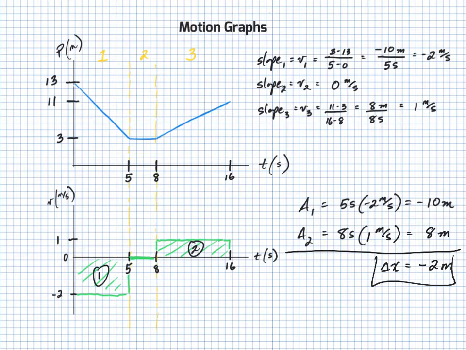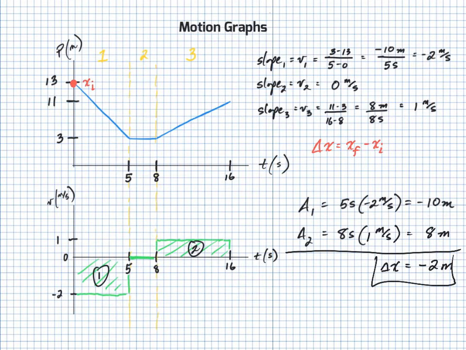Now we can check to see if this answer is actually correct by taking a look at our position versus time graph. Now remember, to find displacement, we always take our position final minus our position initial. So our position initial in this position versus time graph is right here at 13 meters.